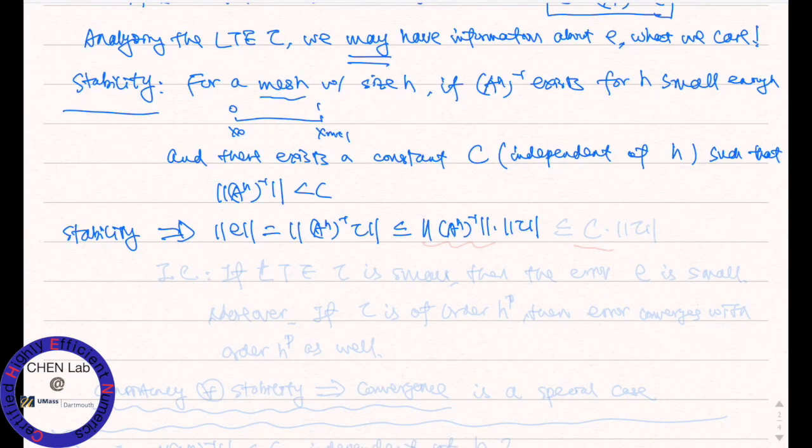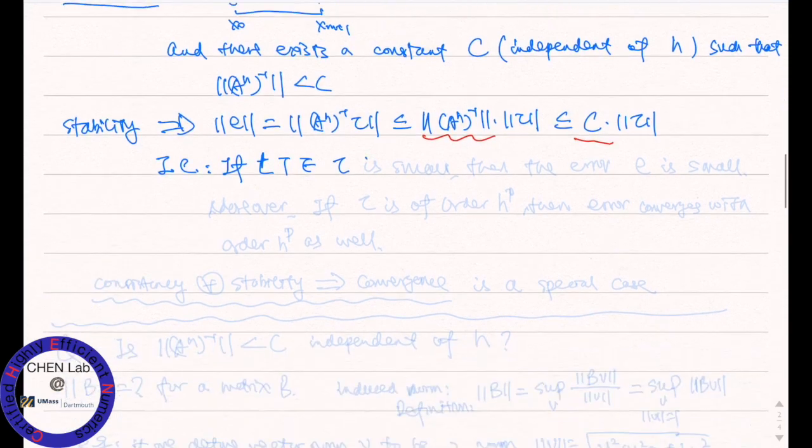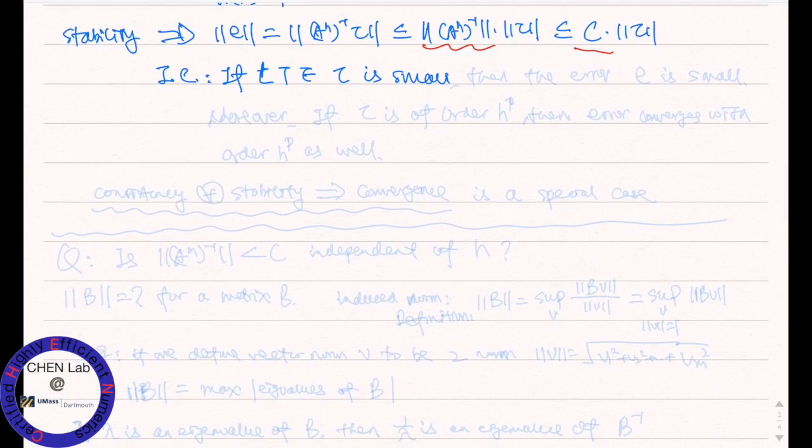And we know it's stable, so this is less than C times the norm of tau. We use the stability, which means that if the local truncation error tau is small, then the error E is also small.